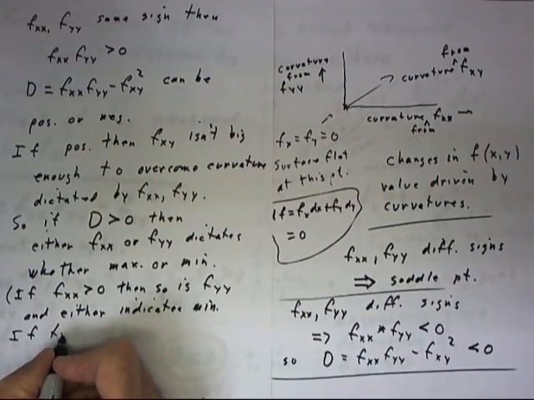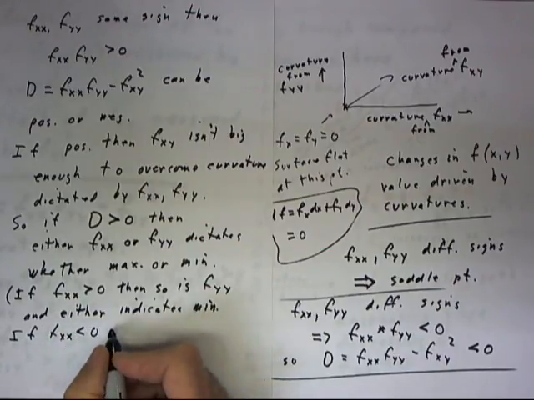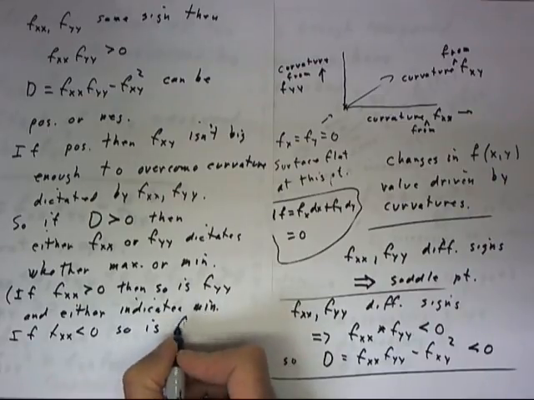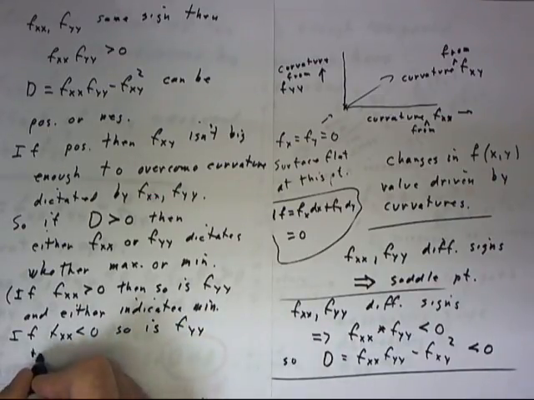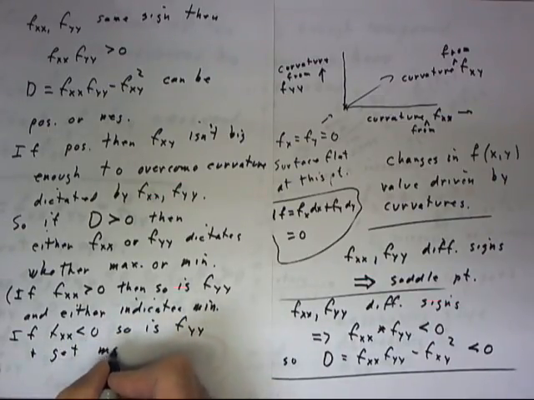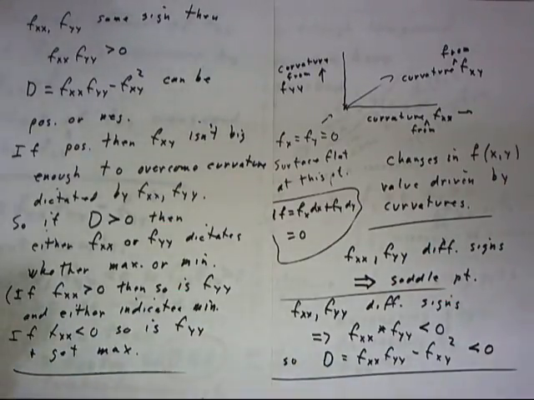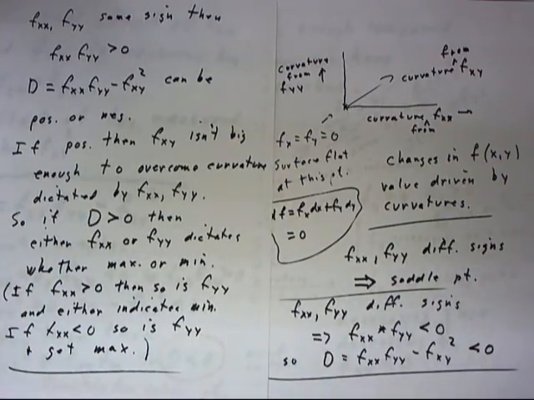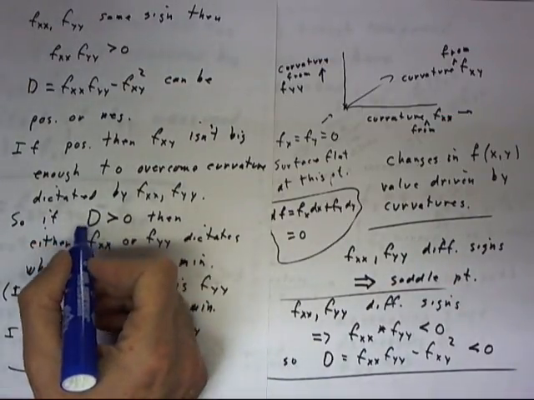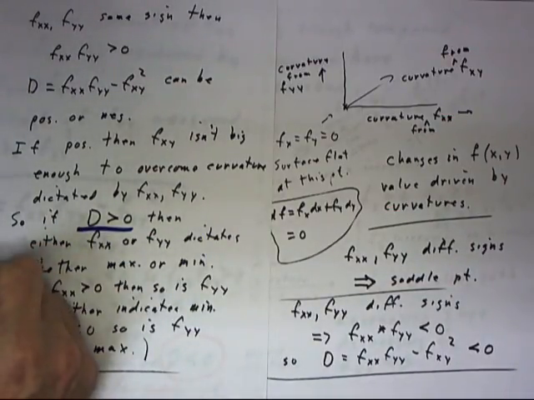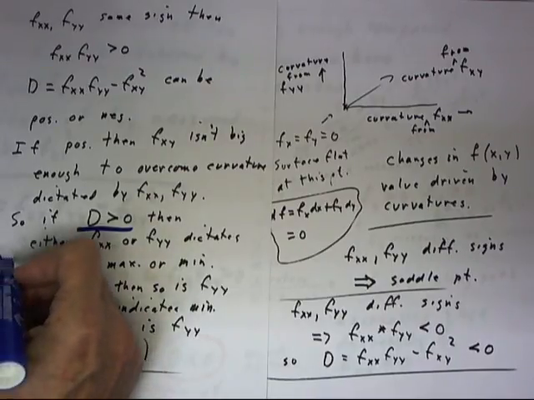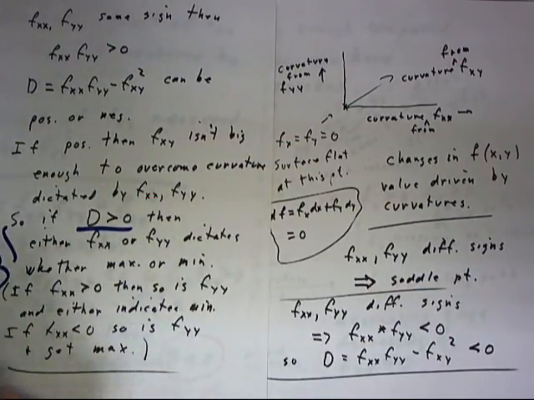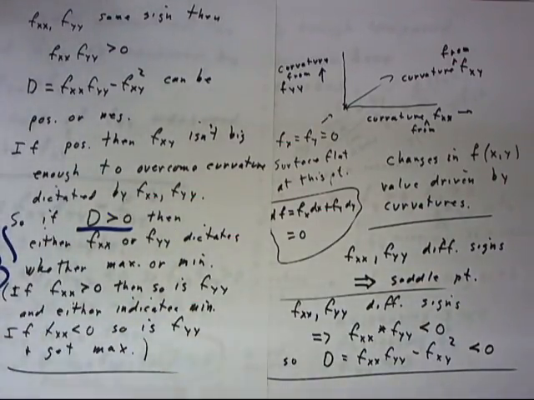If fxx is less than 0, so is fyy, and we get a maximum. I'm not going to write out the whole statement. It's completely analogous to this, and the reasoning is identical. And it might not be completely clear, but we're assuming that d is greater than 0. So for everything we say here, from here down, we're assuming that the discriminant is positive.